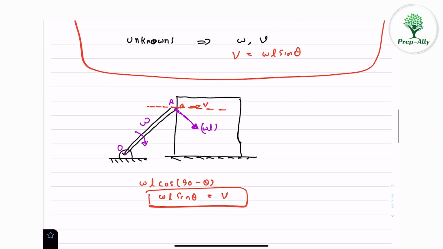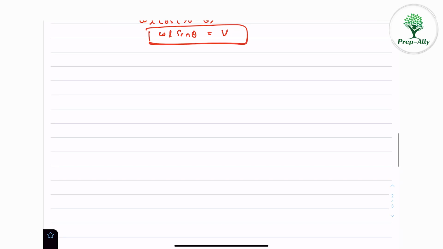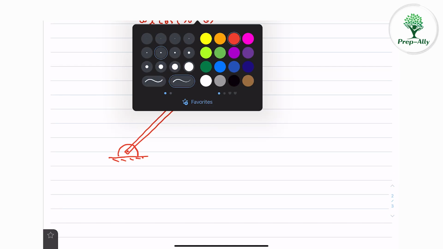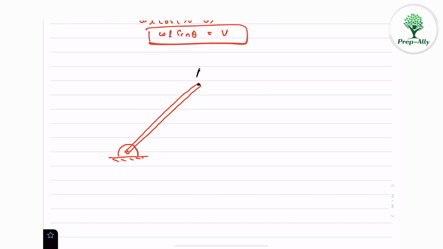Now when will the contact be broken? Let's try to understand this. For that, let's try to understand the acceleration of point A. This point A is moving in a circle with the hinge as center, and in circular motion there are two components of acceleration.